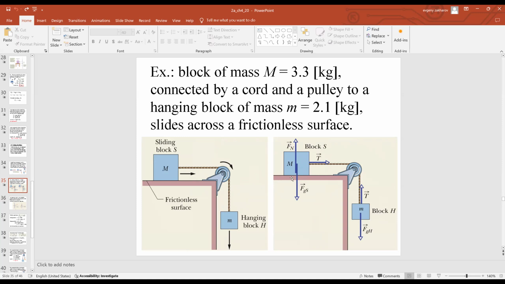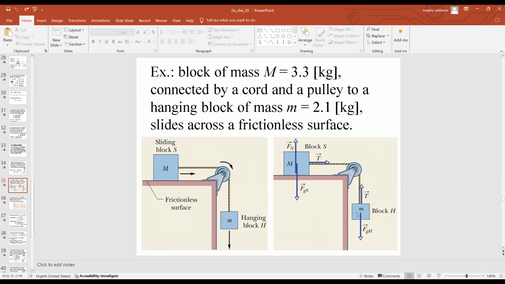This surface provides a normal reaction force, F sub n, upward. And then the block is under tension because it is connected to the cord, and there is a tension force along the cord.